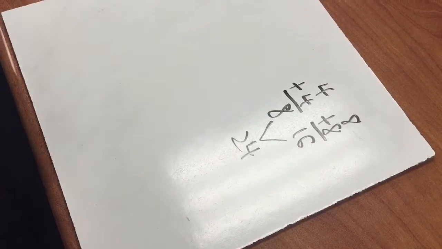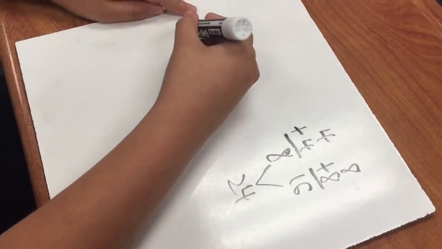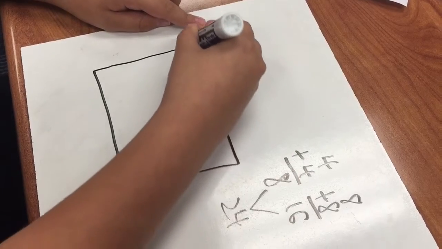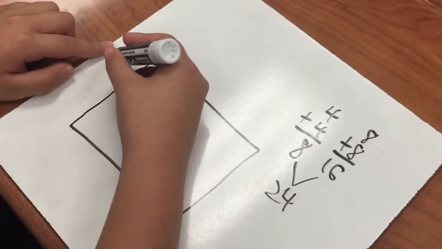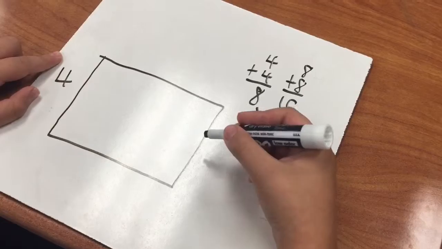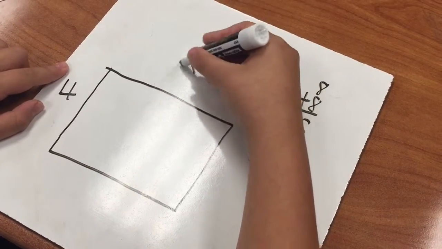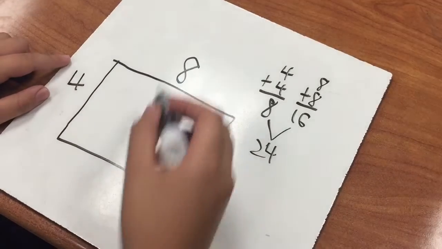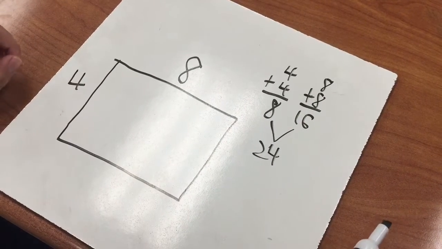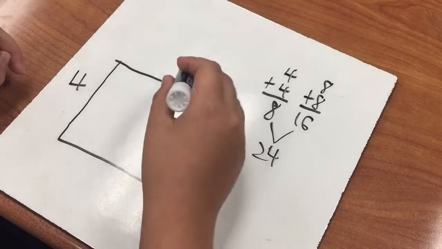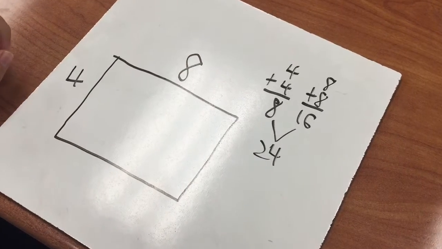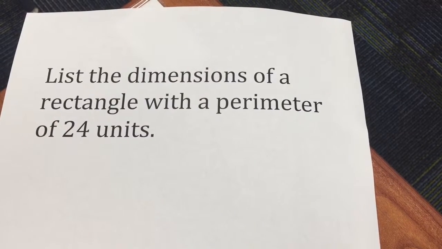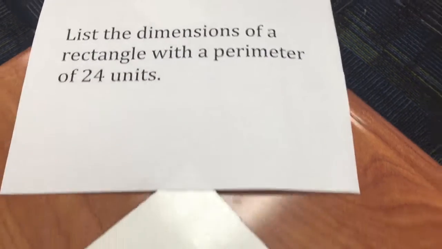Can you draw a rectangle and show me what that would look like? Okay. Because it would have to be even either way if it's a rectangle. So it would be 4 on this side and 4 on that side, 8 on this side and 8 on that side.